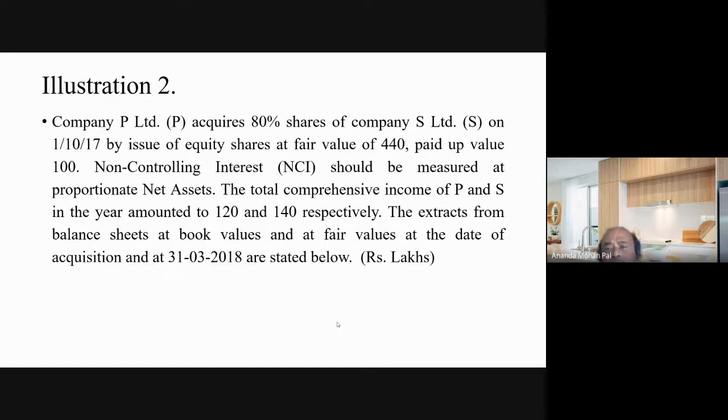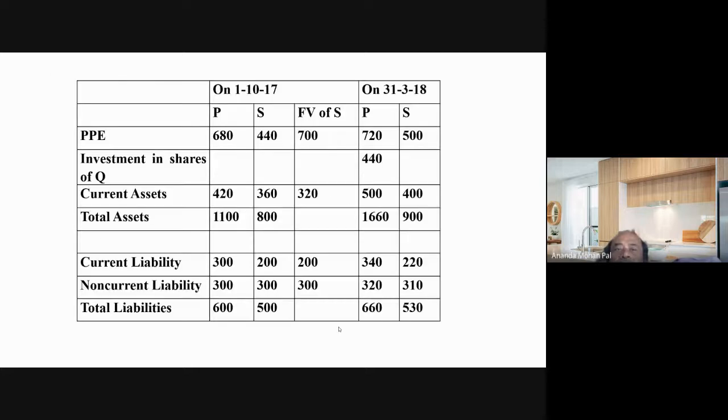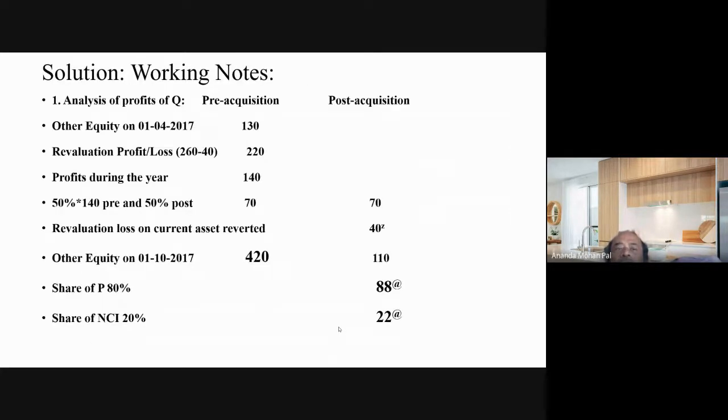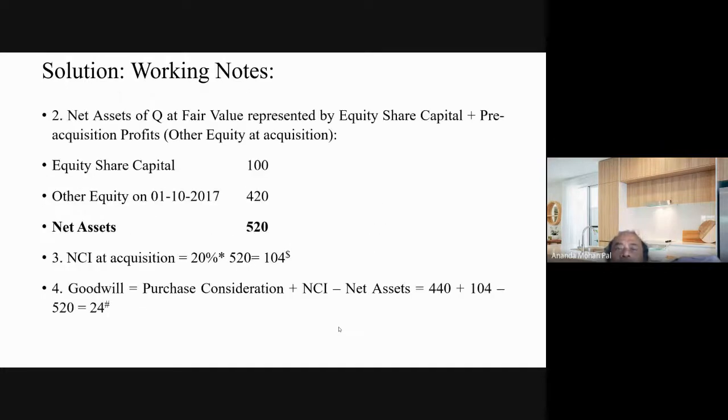And if our approach prepares things in another way, that doesn't mean that pre-acquisition profit is vanishing from the picture. So if pre-acquisition profits, profit and loss figures, etc. are given, from that side also we can prepare it. That has been shown also, that from that side how we can prepare.